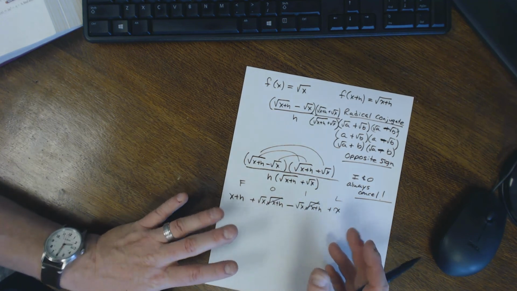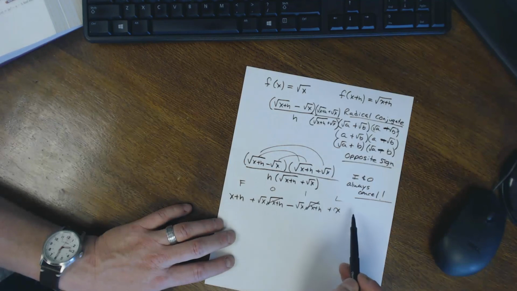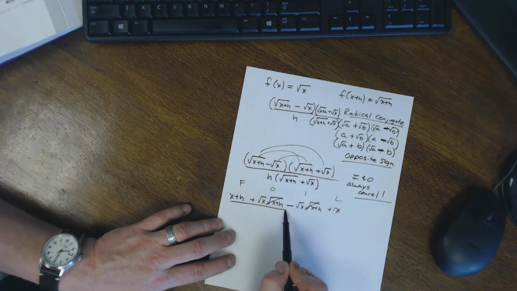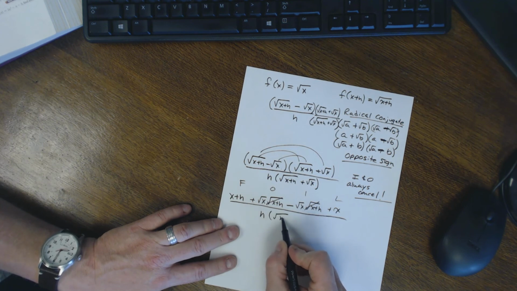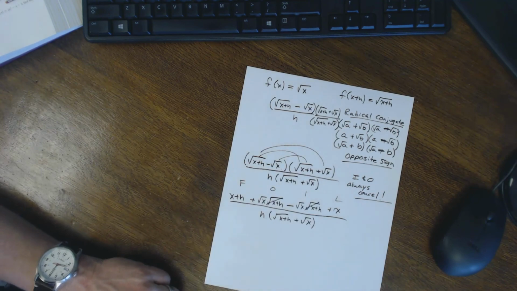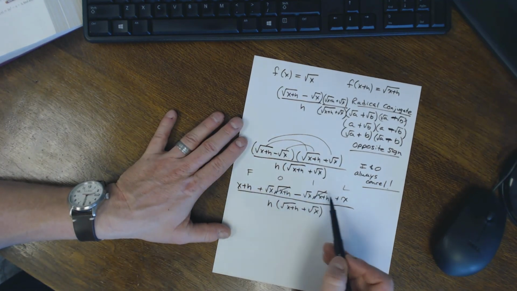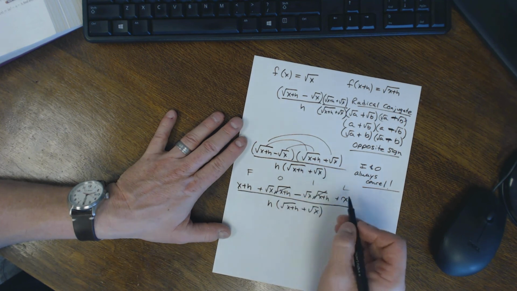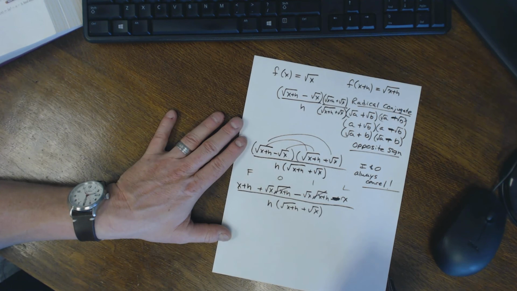After you do these a few times, you may only have to do the F and the L. But I encourage you to do all of the algebra until you're comfortable with using the radical conjugate. And then we have our denominator. Great. Watch what happens now. Sorry, the last term is negative here, my mistake.